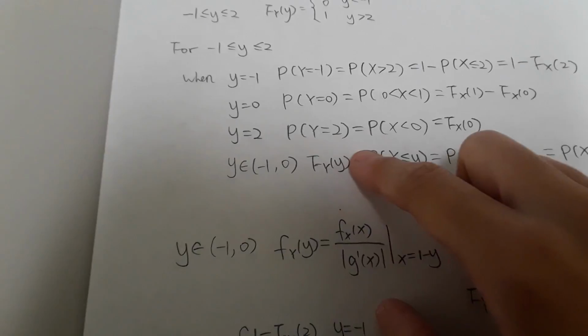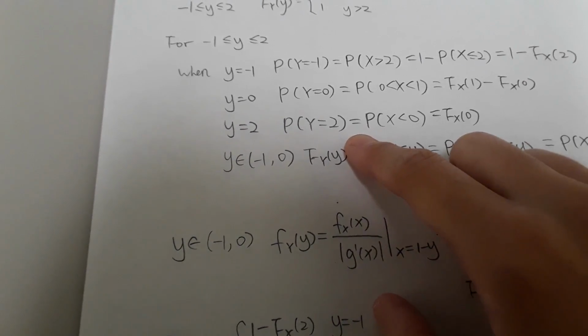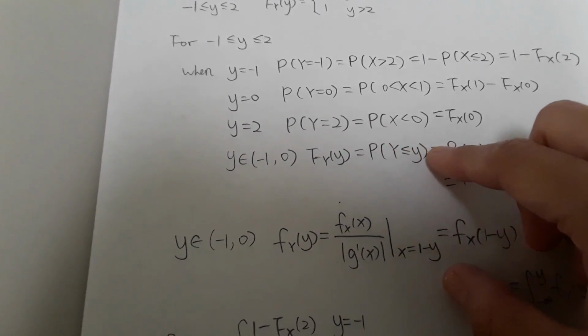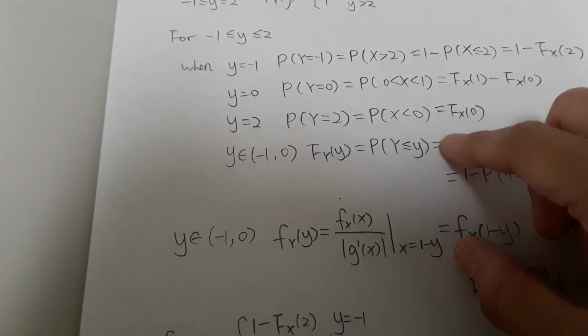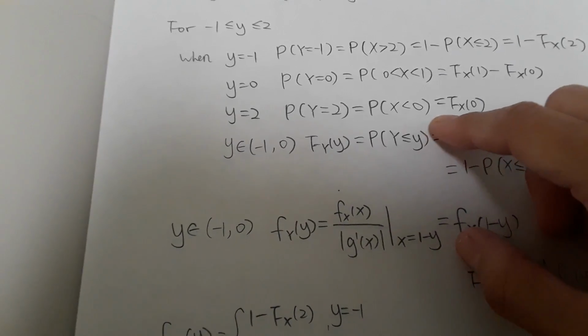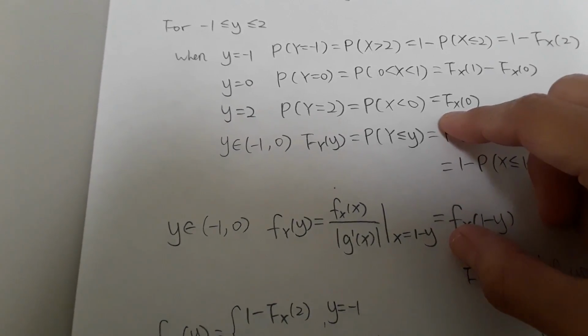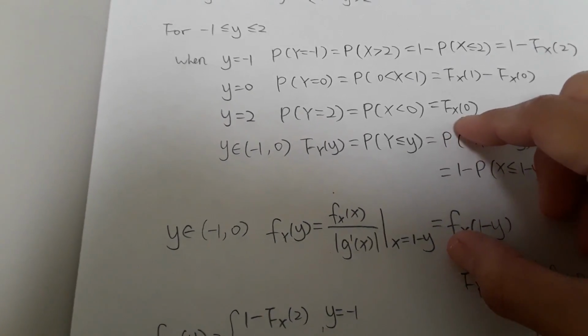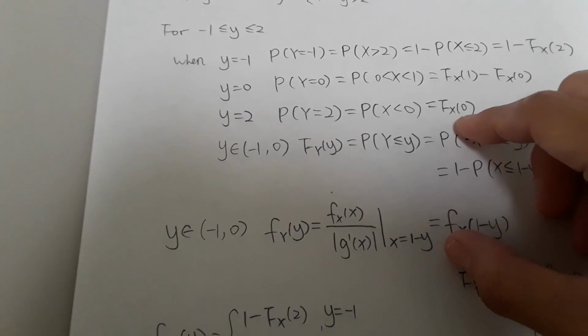For y equals 2, the probability that y equals 2 equals the probability that x is less than 0, and this will equal F_X(0).